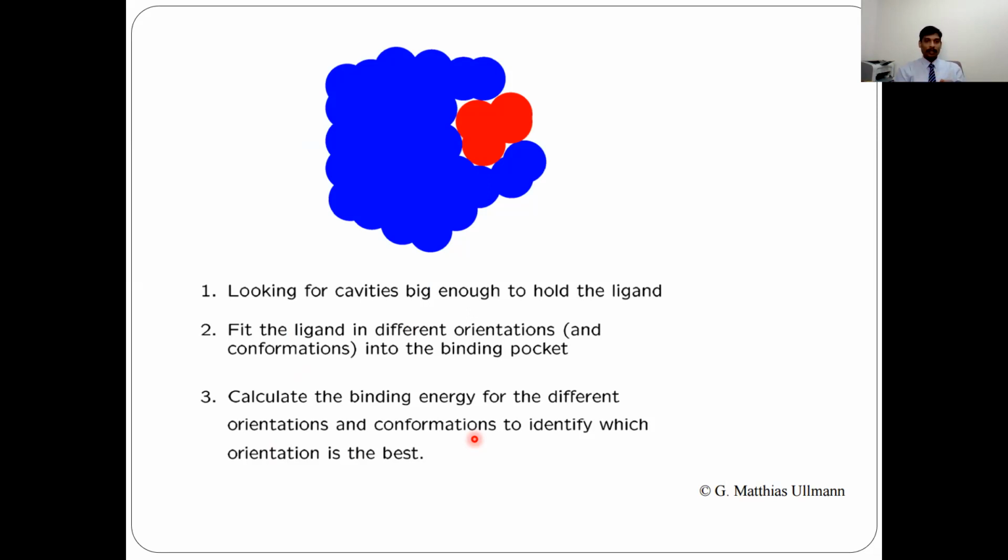And the third one: to understand which orientation is best, we are talking about energy. For each conformation or orientation, what is the energy it is minimizing? We have to calculate it.